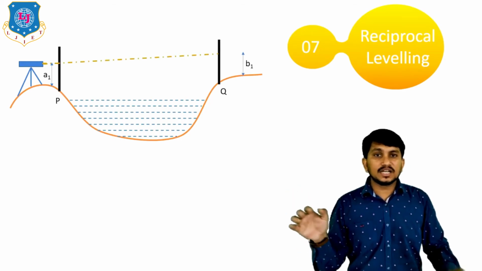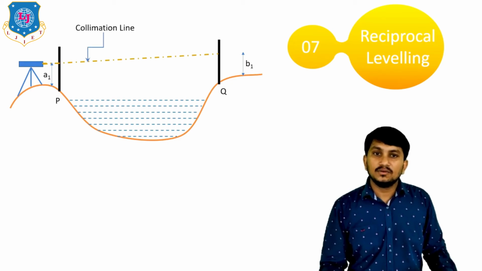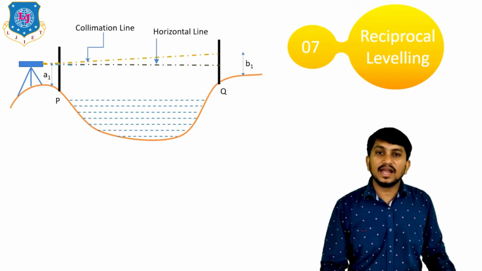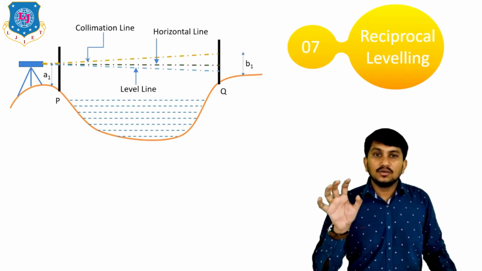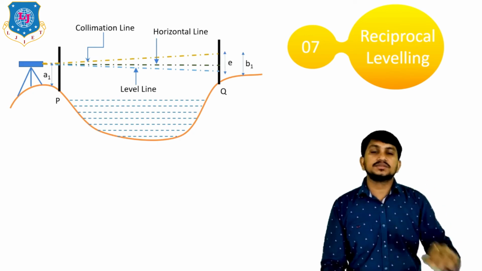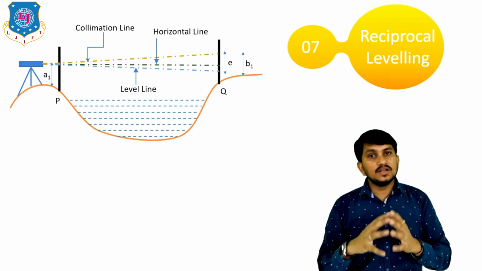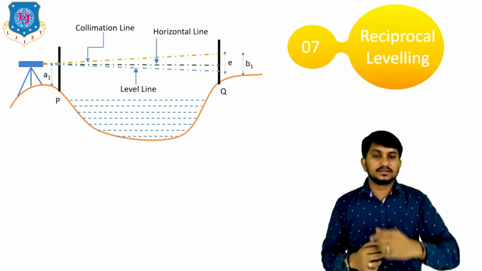But this reading, because of the curvature of the earth, this line is the collimation line. Okay, this is the actual horizontal line, and this is the level line. Okay, because of this we have one error which can occur because of the curvature of the earth. So we cannot calculate the actual level difference by deducting B1 minus A1 because of this error.